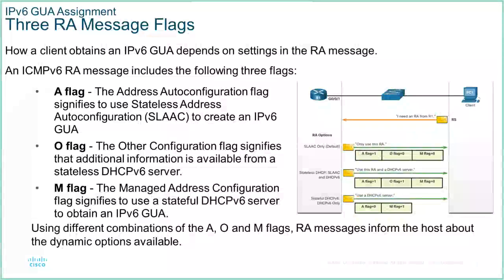So our messages work a little bit differently in the v6 environment. We have our ICMP RA messages, which, if you remember, is an advertising message, and within that we have a few different flags to indicate what's going on: the A, O, and M flags.